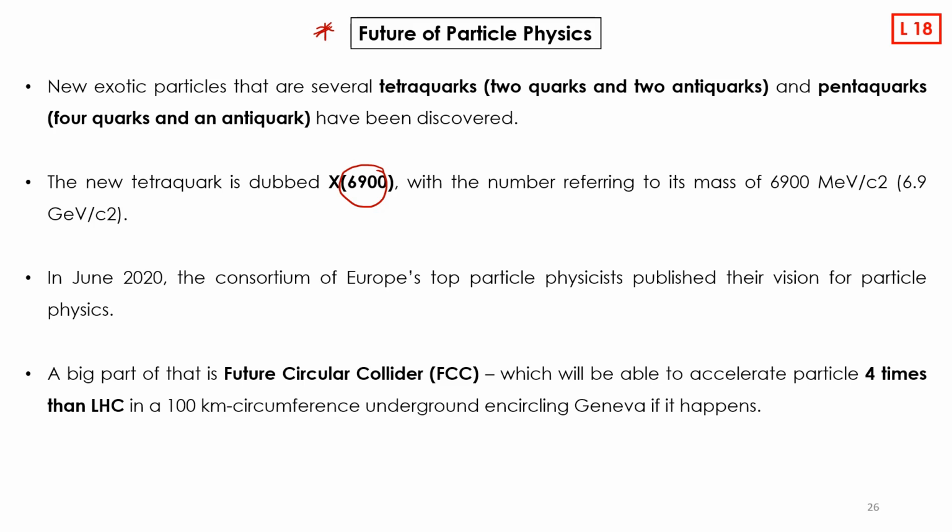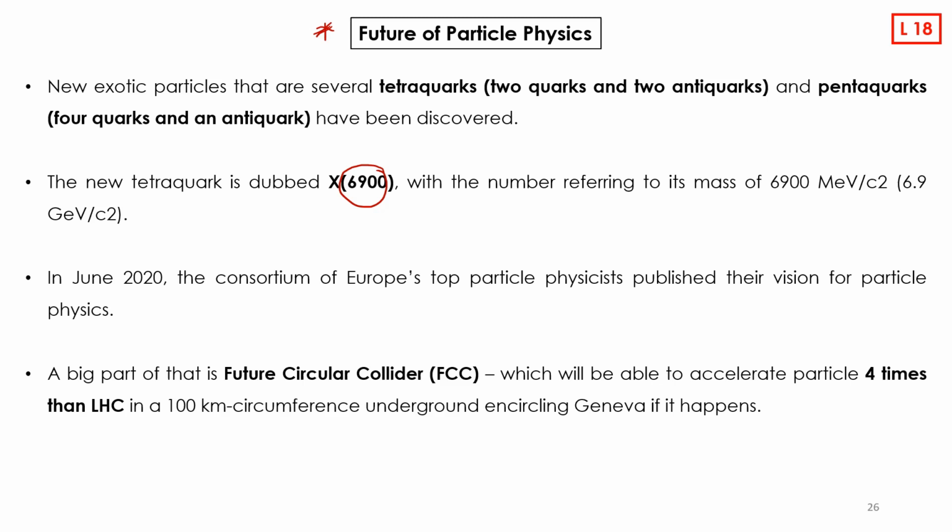So we might be able to discover new particles which are smaller than the electron, smaller than up and down quarks. It will have a 100 km circumference, underground and circling Geneva, nearby the LHC or CERN, beneath the Swiss and French countrysides.